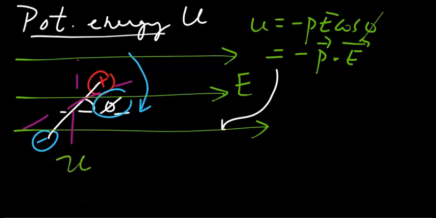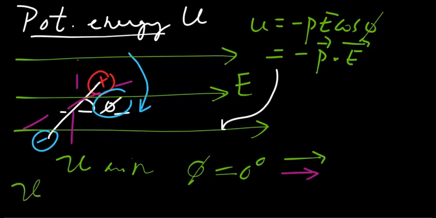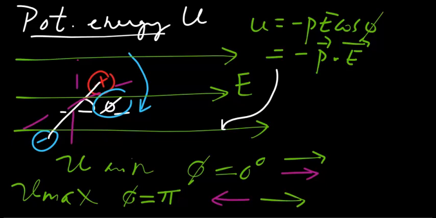And as you can see, the potential energy is minimum or most negative at the stable equilibrium, namely when the angle is 0 degrees. That happens when the dipole and the electric field are parallel to each other. It is maximum when the angle is 180 degrees. That occurs when the dipole moment and the electric field are antiparallel to each other.